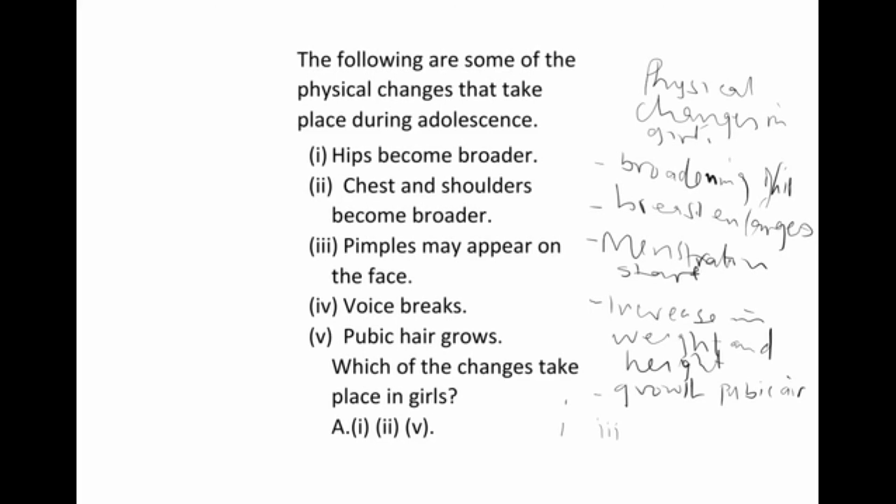Pubic hair grows, that occurs to both girls and boys. So in that case, the changes that occur to girls include hips becoming broader, which is Roman 1, Roman 3, pimples appear on the face, and pubic hair grows. So according to our answers, the answer is D, where we have Roman 1, 3 and 5.